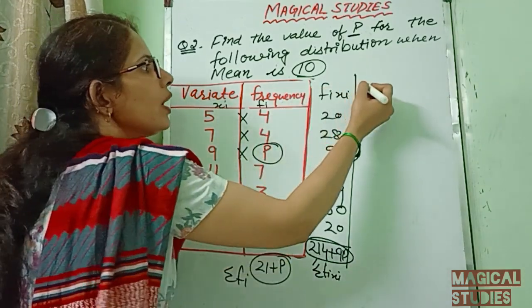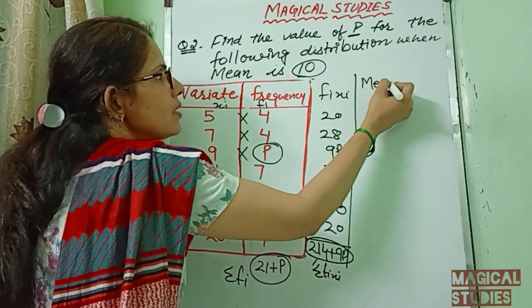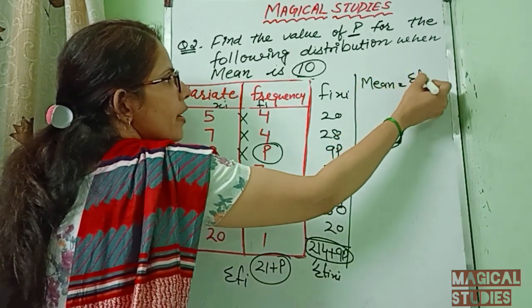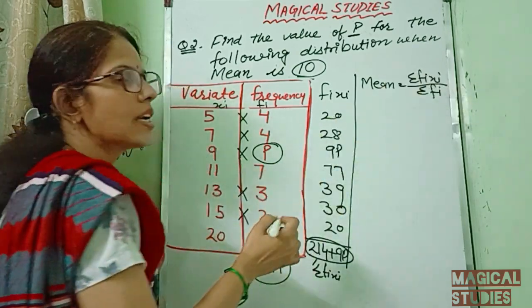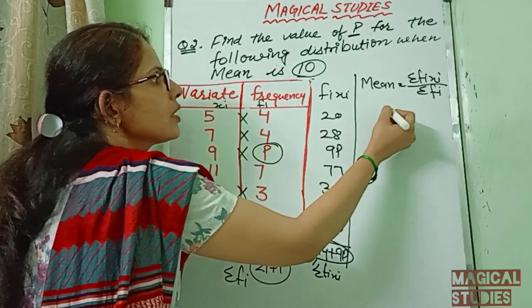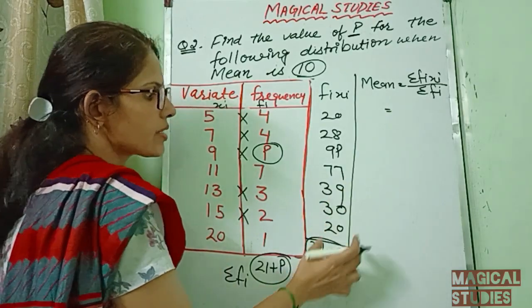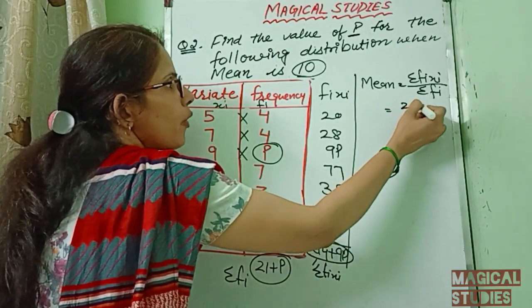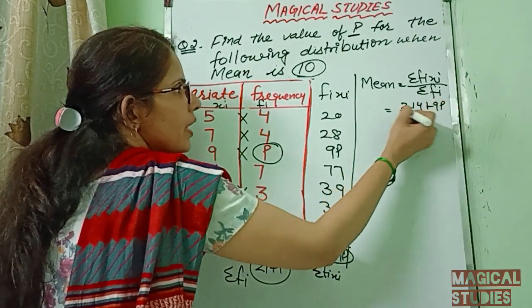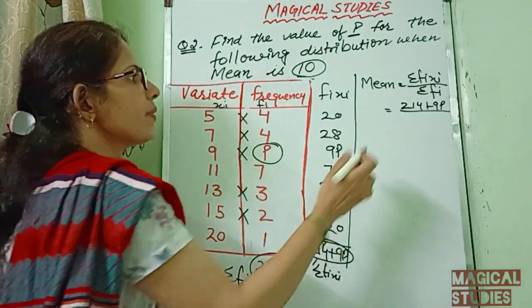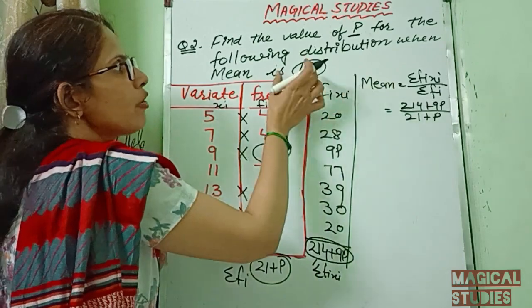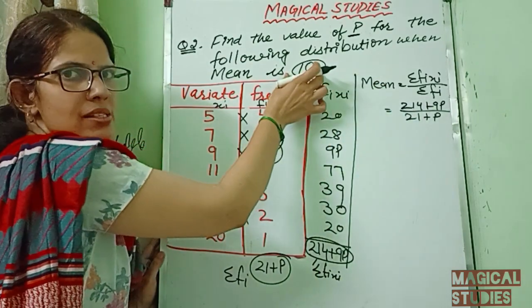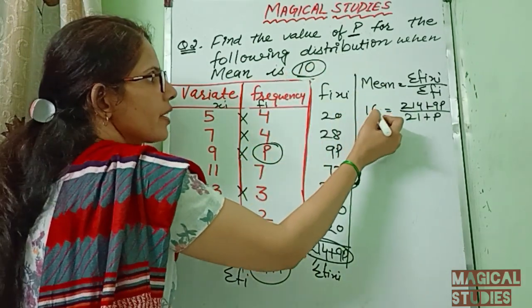Write down the formula: mean is equal to summation of fi xi by summation of fi. Just put the values: fi xi is 214 plus 9p and summation of fi is 21 plus p. What is the value of mean? That is 10.